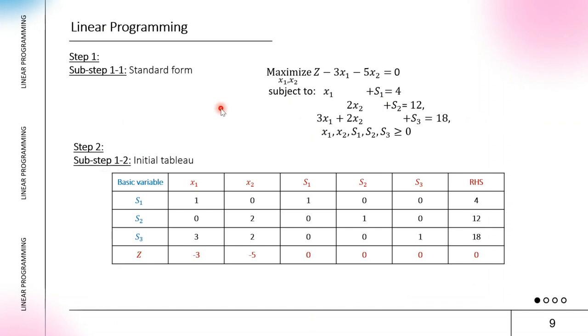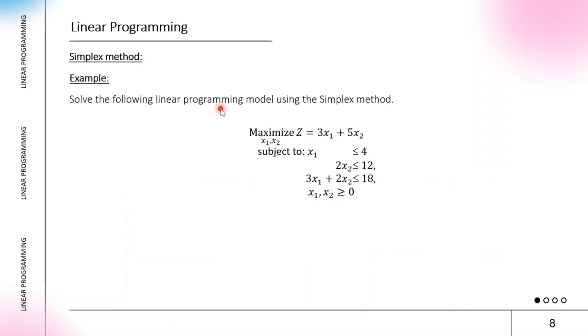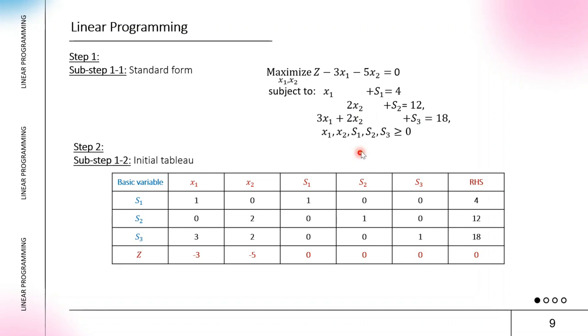So we introduce slack variables S1, S2, and S3 with positive sign to convert the inequalities into equalities. As we can see from the previous slide, we have three different constraints in the form of lower than or equal to something, and we have to convert them to equality constraints using slack variables.